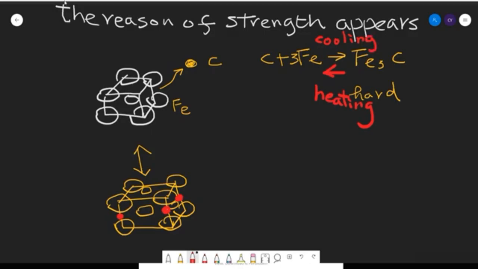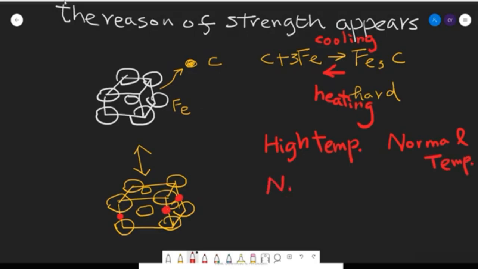So in this case, it is high temperature and normal temperature. In high temperature, no carbide.